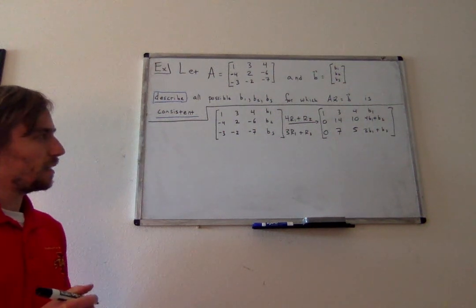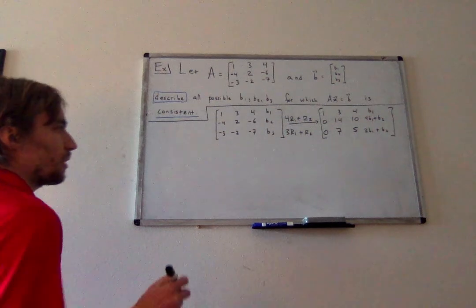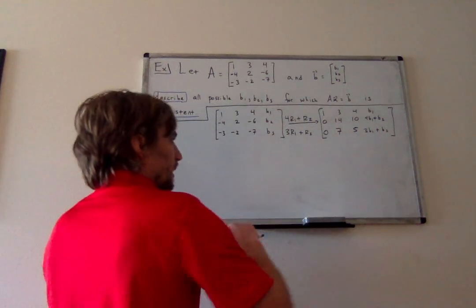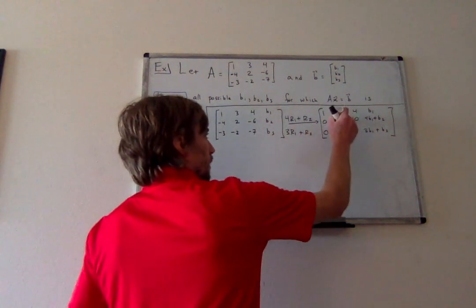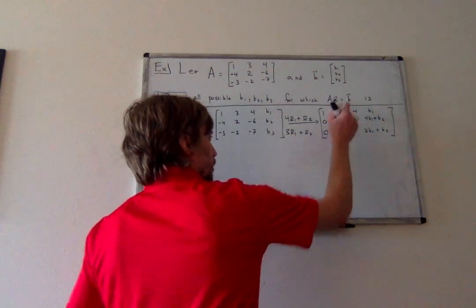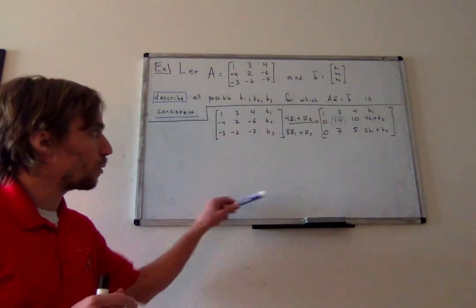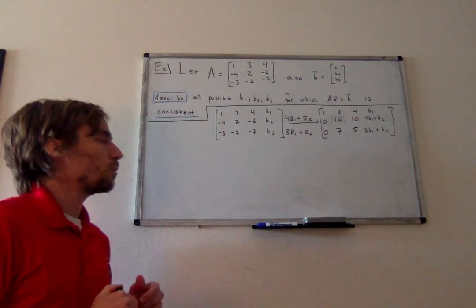So next thing, now I'm going to make this 14 a pivot. So this is going to be my next pivot entry in my row reduced echelon form matrix. Again, it's going to correspond to a leading one eventually.